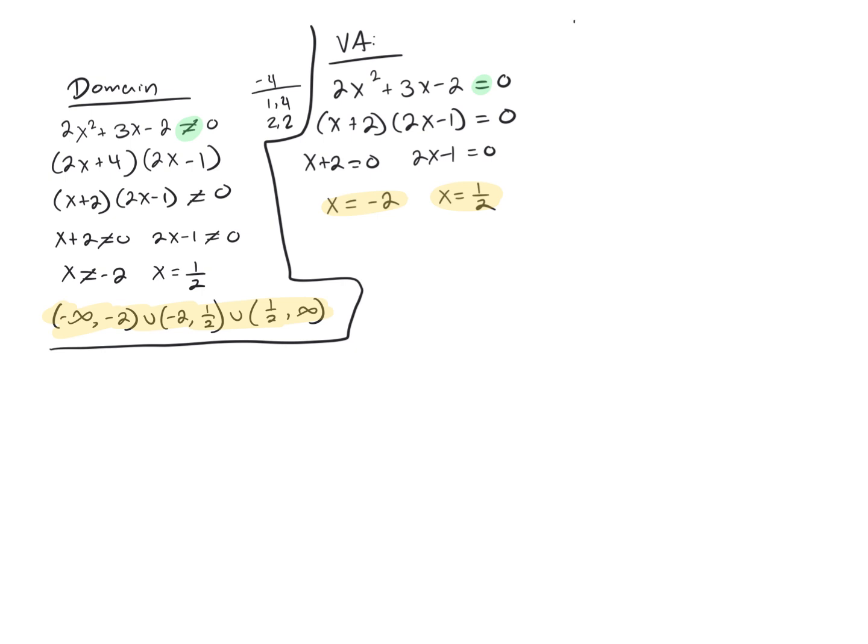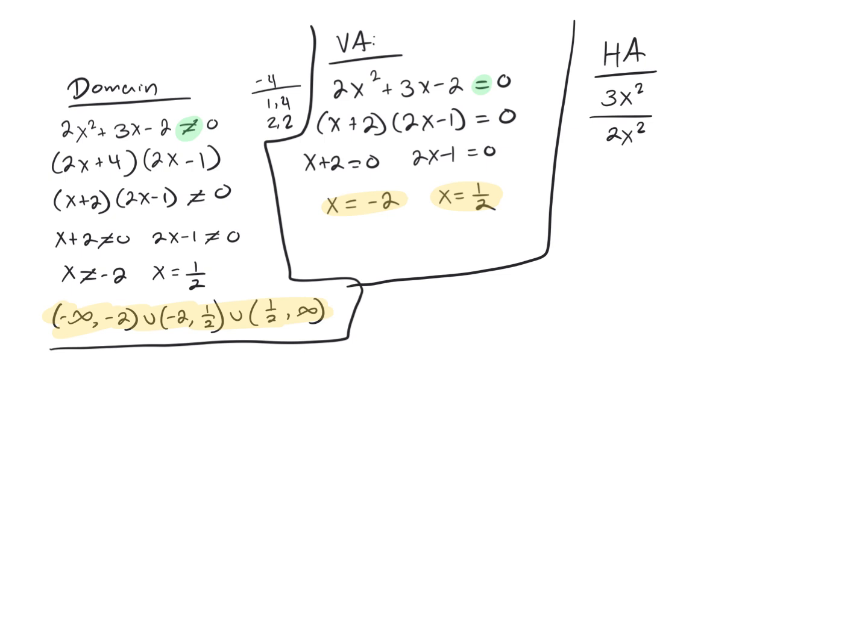Now let's look for the horizontal asymptote. The horizontal asymptote is again based on the leading exponent of this problem. So I'm going to only write the leading terms with the leading coefficients. Do you remember the rule?